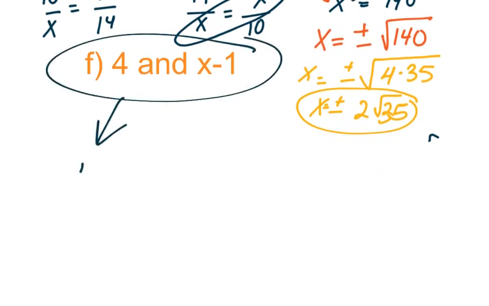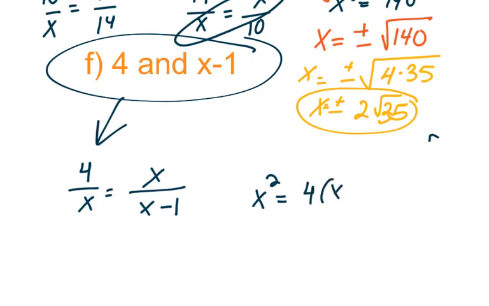So our setup, 4 over x equals x over x minus 1. Now let's go ahead and cross multiply here, and we get x squared equals 4 times x minus 1. Use your distributive property on the right-hand side, and you'll have 4x minus 4.